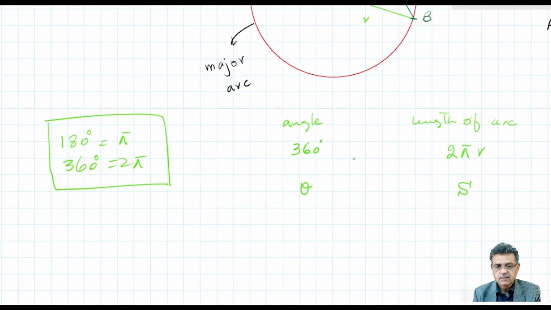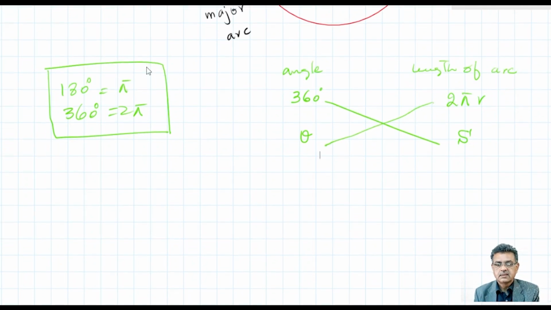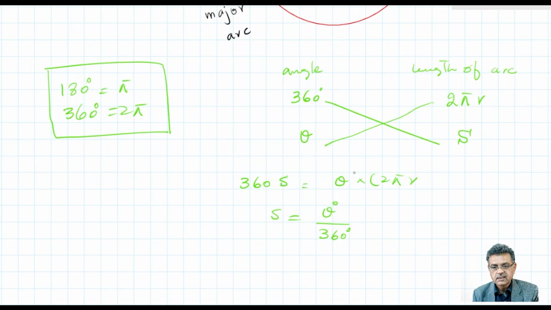Then applying simple ratio, cross multiplication: 360 into S equals theta into 2 pi r. Then the length of arc is theta over 360 degrees, where the angle theta is in degrees, into 2 pi r.